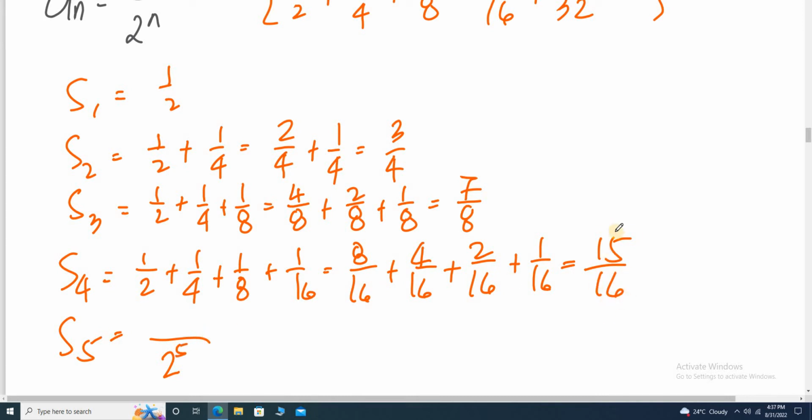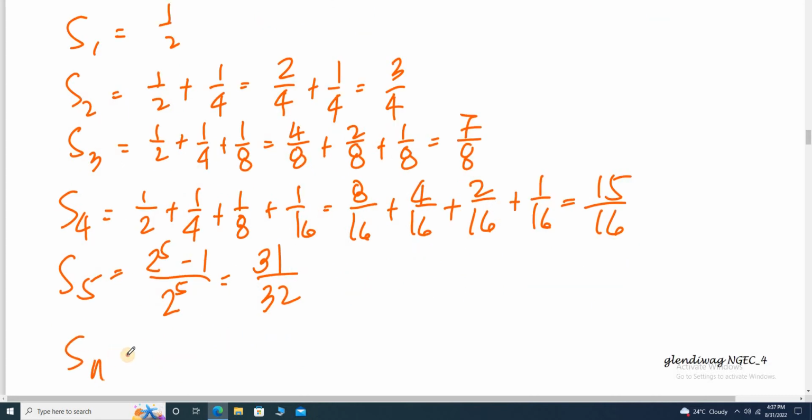And then the numerator is just 1 less than the denominator. So I'll copy my denominator and then minus 1. So 2 raised to 5 is 32. And then if my denominator is 32, that's minus 1, it should be 31.